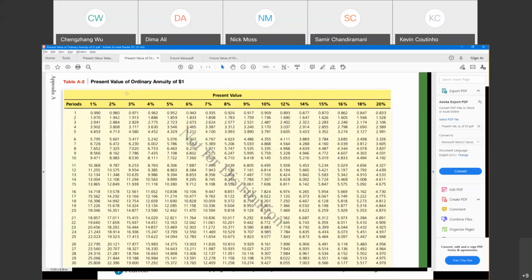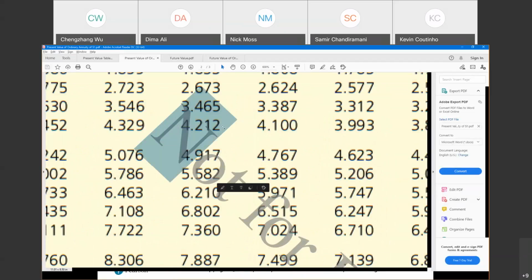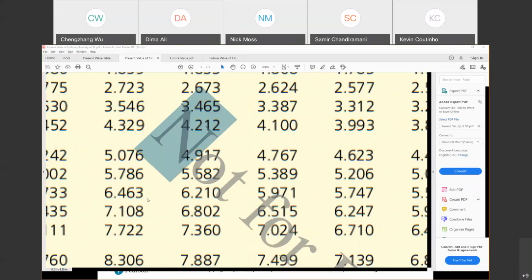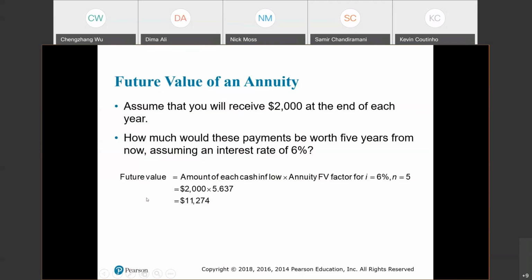Well, we look down the 6% column and across the 5 periods row, and we can find the present value factor is 4.212. Here it is, 4.212. So using this factor, we can finish the calculation.